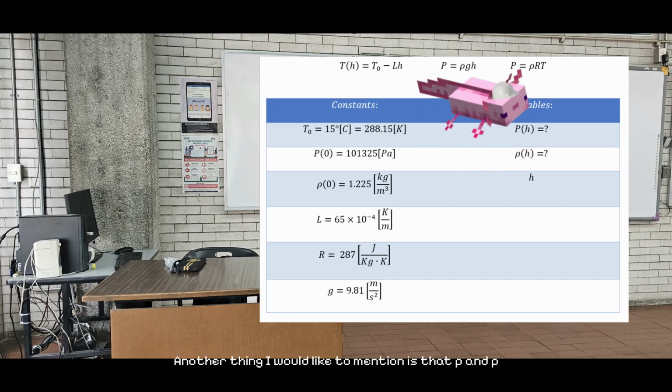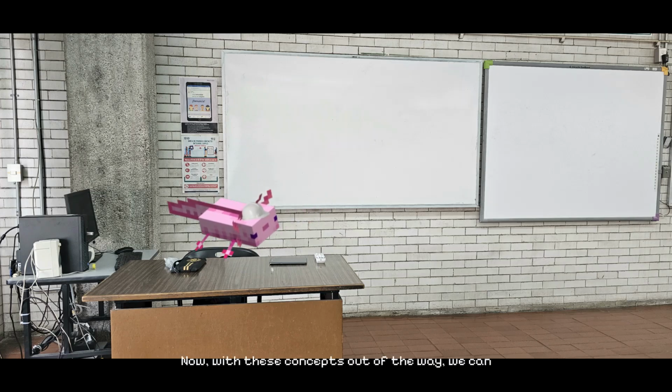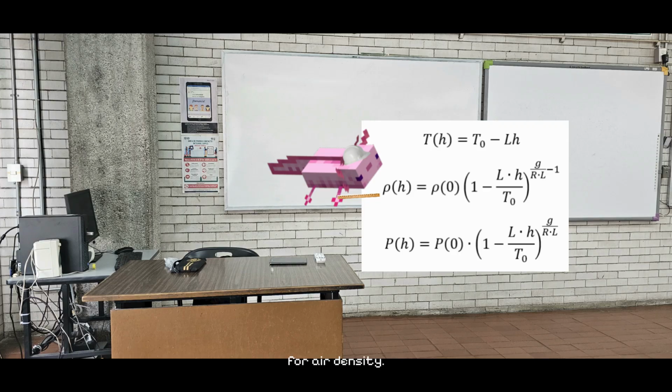Another thing I would like to mention is that P and rho are not the same. Capital P means atmospheric pressure, and rho is a Greek letter that represents density in the case of physics or engineering. Now, with these concepts out of the way, we can finally use these equations, especially the equation for air density.